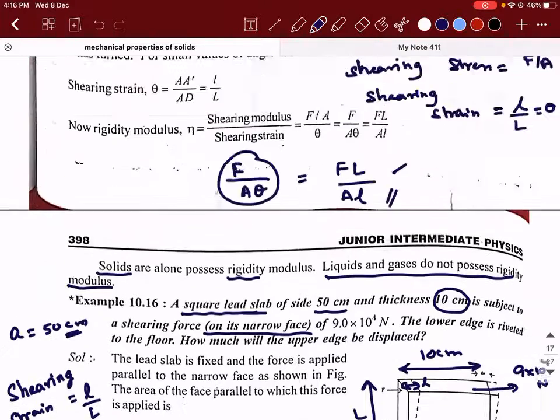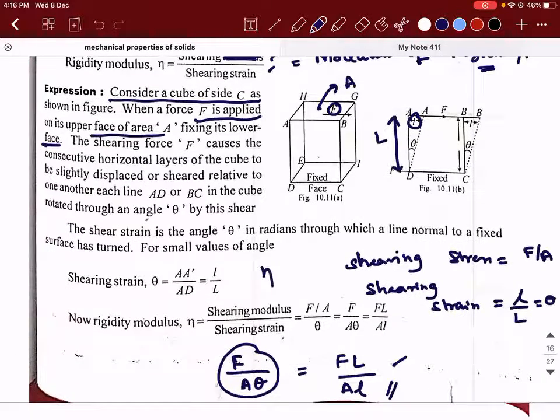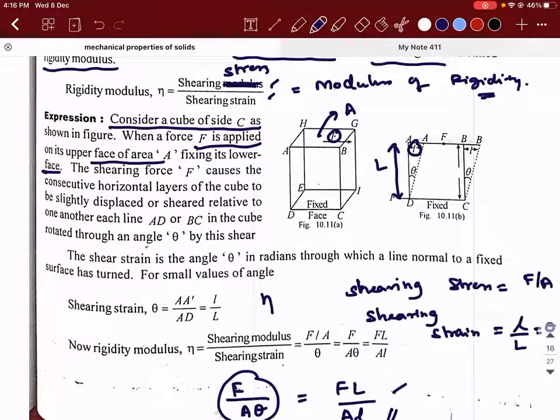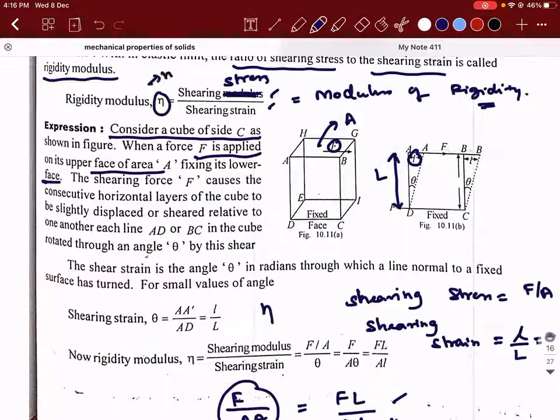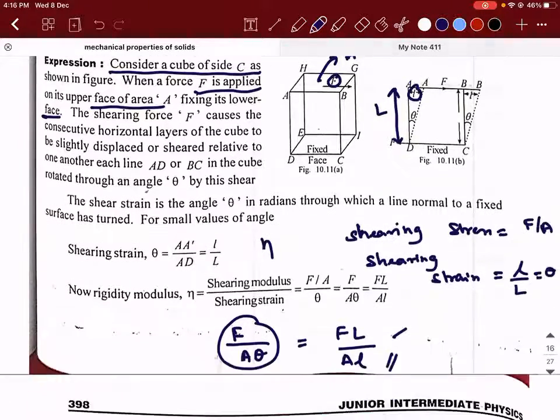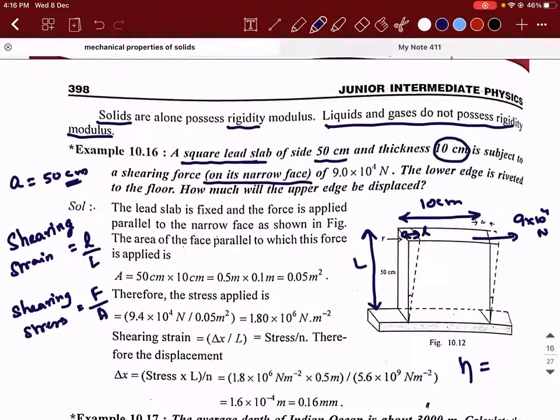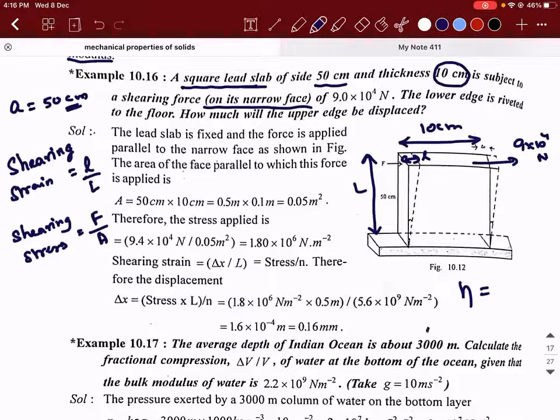See, modulus of rigidity is represented by this symbol, which I didn't tell you. This is called eta, a Greek letter. So the modulus of rigidity of the lead material is actually 5.6 into 10 power 9 Newton per meter square.